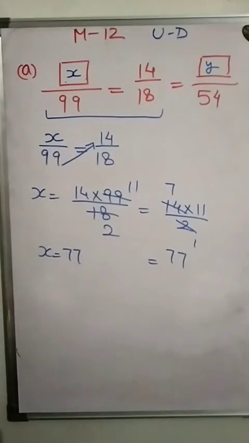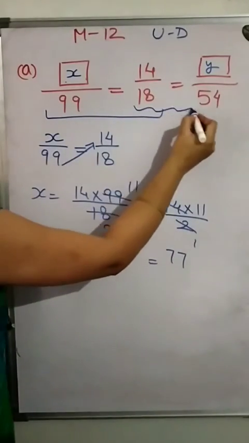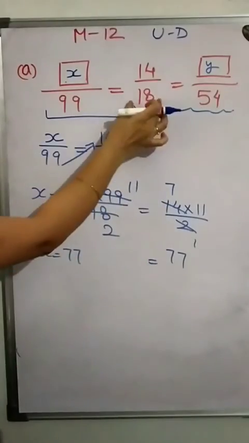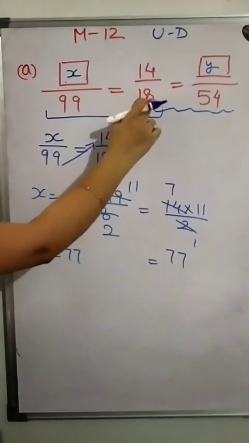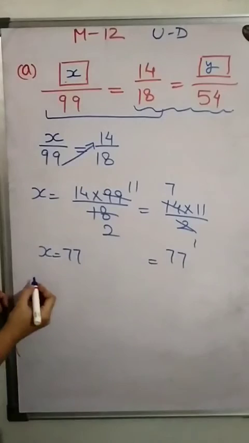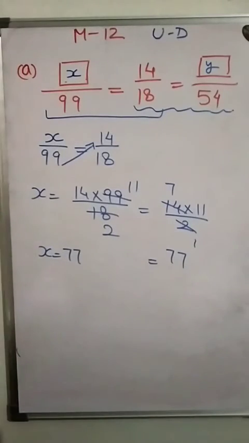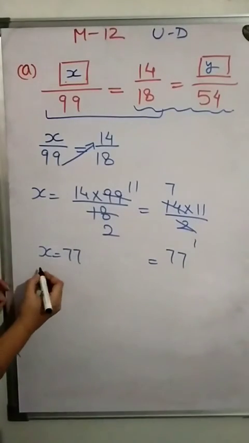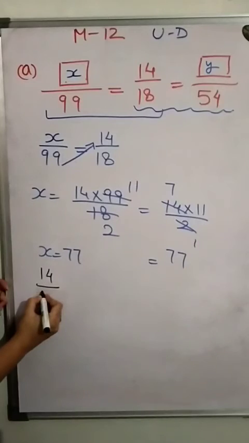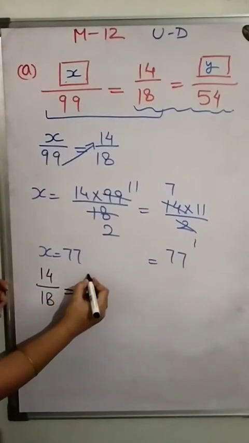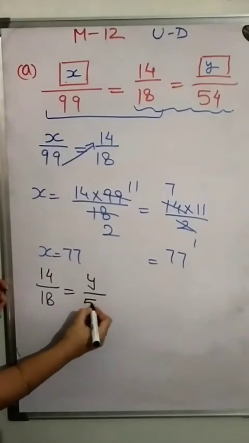Now what do we do next? Let's take these two numbers together because this fraction is completely given to you. So 14 upon 18 is equal to y upon 54.